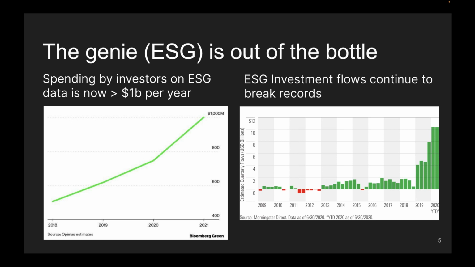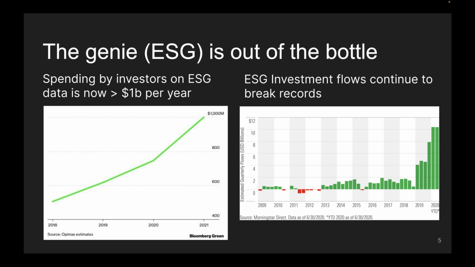On the left side, you see the amount of money that's being spent on data, and this is surpassing this chart in today's environment. Most of these flows are driven by people embedding ESG into their investment process or compliance process, or lots of different sustainability elements that come into play, like carbon emissions, et cetera.